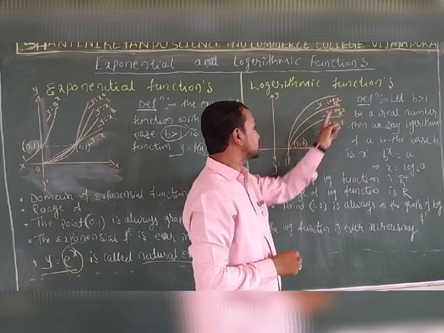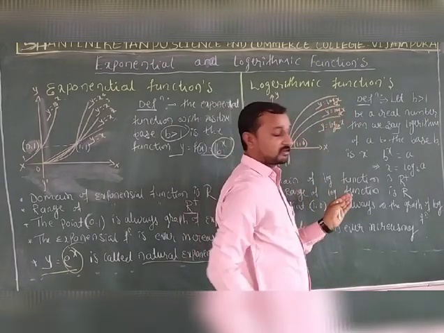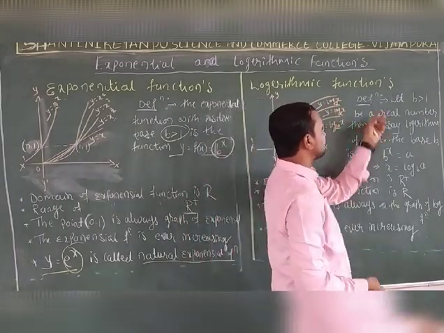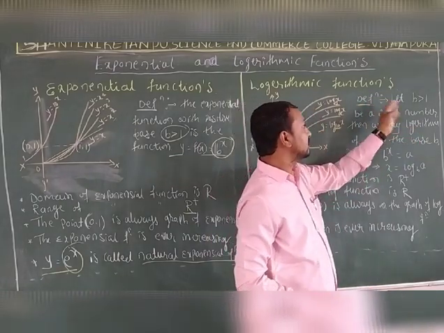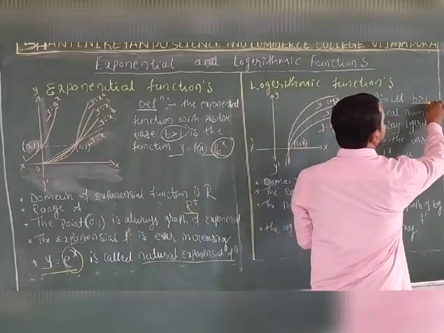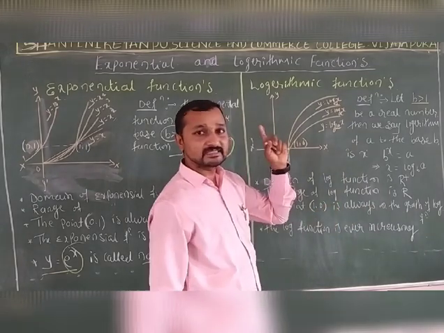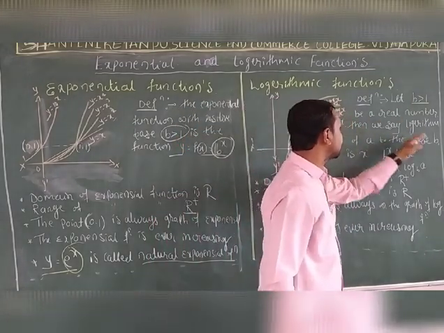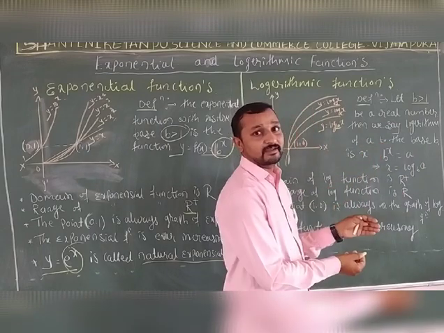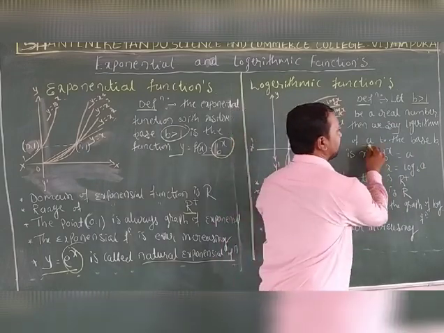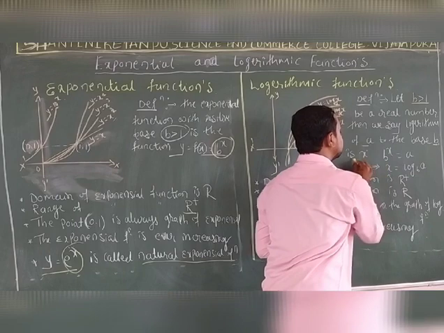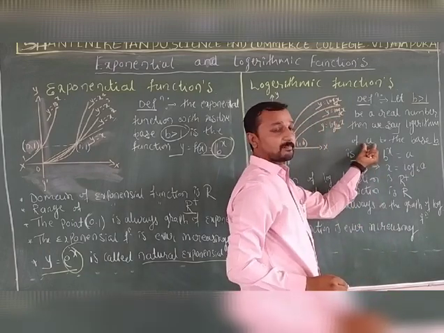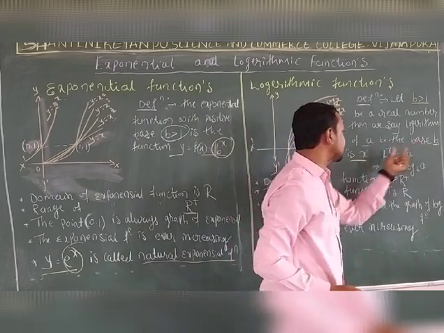So this is log x to the base 2. See that, students, here the definition of logarithmic function: let b be any positive base, b is always greater than 1, and a be a real number. Then we say that the logarithm of a to the base b is x.